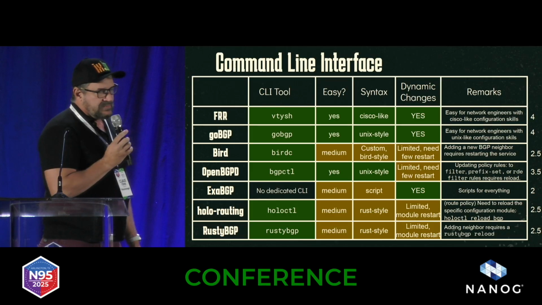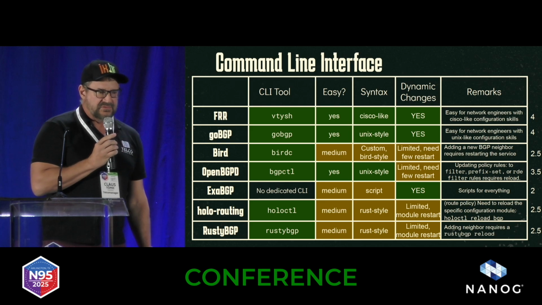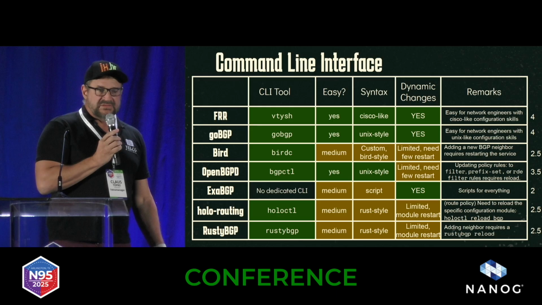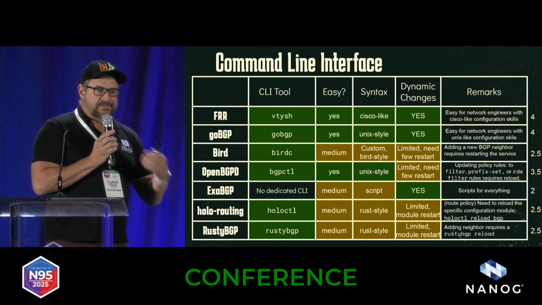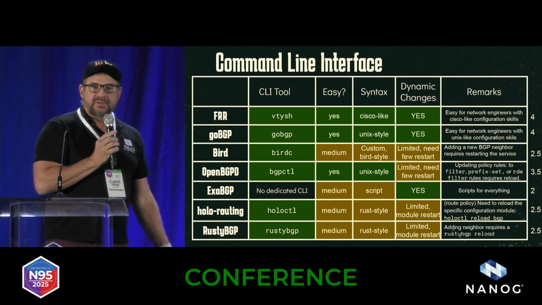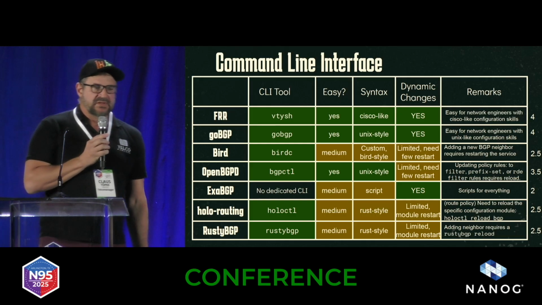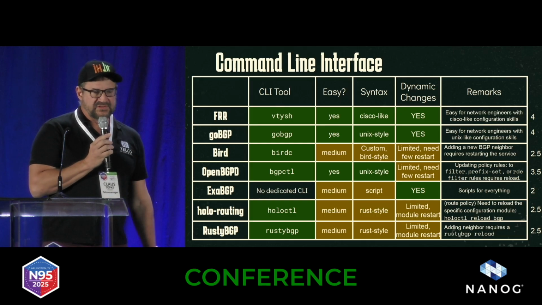But most of them have some sort of a CLI too. Some are easier, some are not. But this is also because of the documentation, probably. If I had a better way to see how things work, I probably would get more points there.